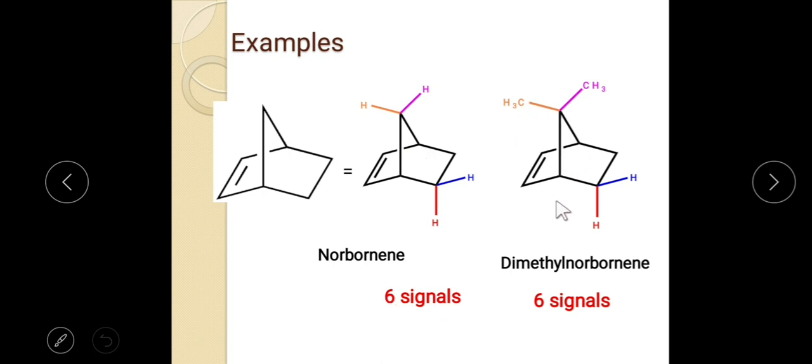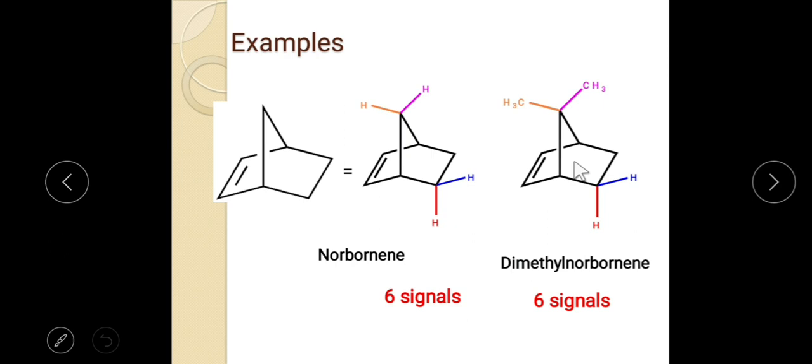Similarly with the dimethyl norbornene, we have replaced this hydrogen with methyl groups. So in H1 NMR spectroscopy they will behave differently and show different chemical shifts. So how many signals for dimethyl norbornene? 1, 2, 3, 4, 5 and 6. So we have 6 different signals for dimethyl norbornene also.